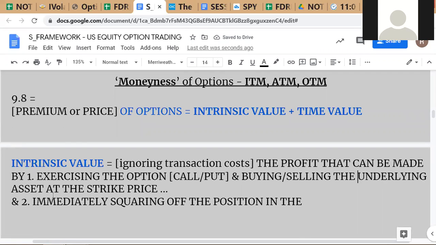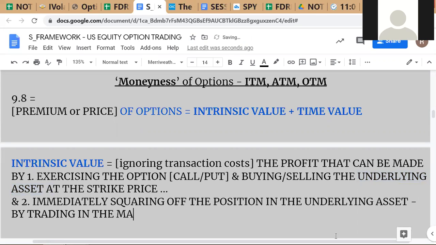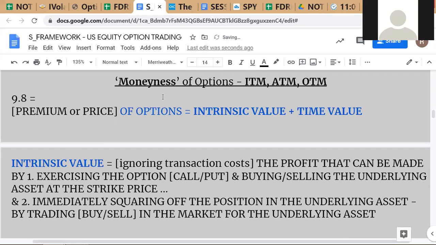Underlying asset. By trading, we mean buy, sell. All right, so that's what we're talking about.